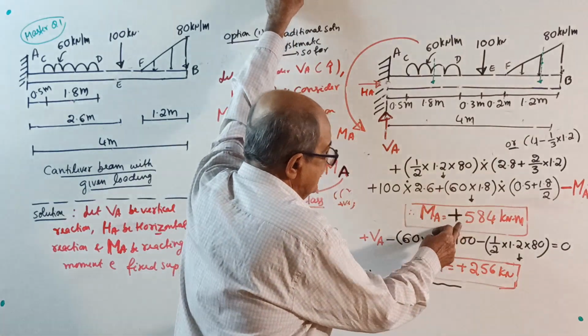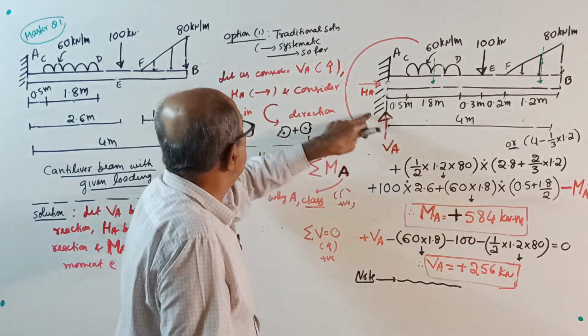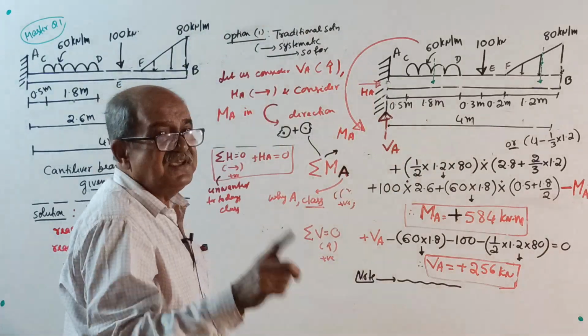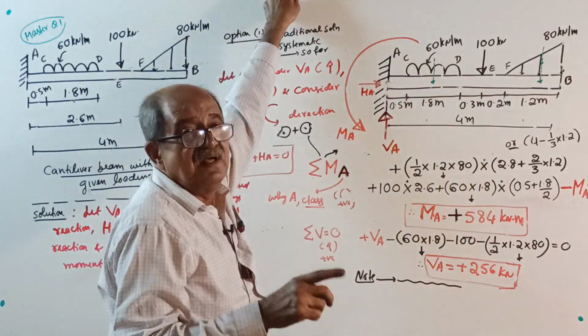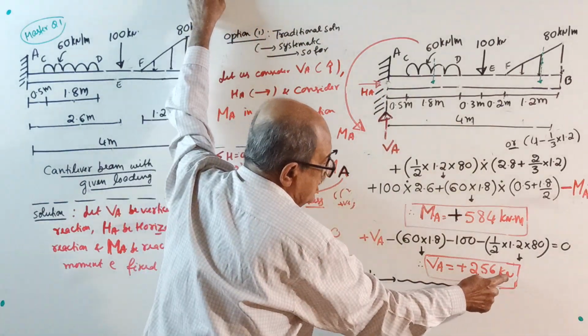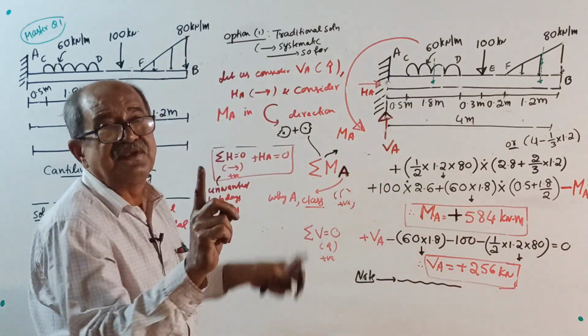Therefore, this positive sign indicates that the direction you considered here is correct. Therefore, the real vertical reaction VA is 256 kilonewton. We considered upward positive, correct. It is up, no plus now.